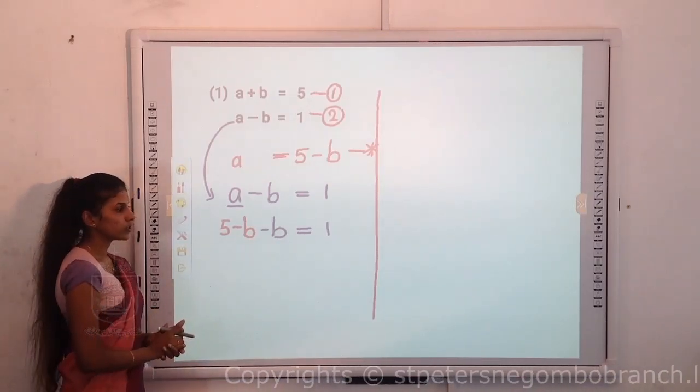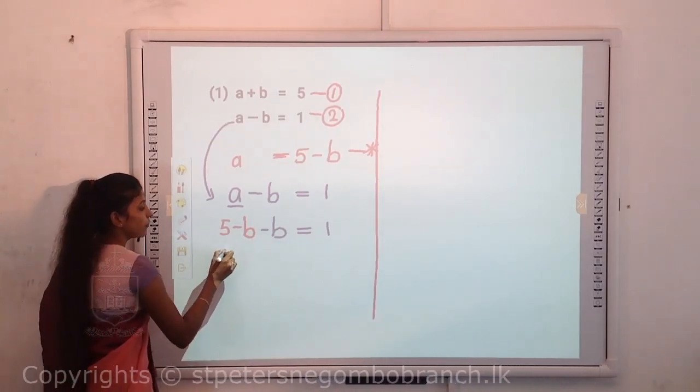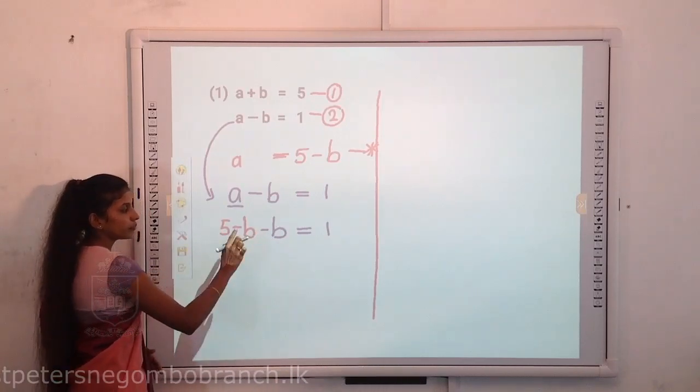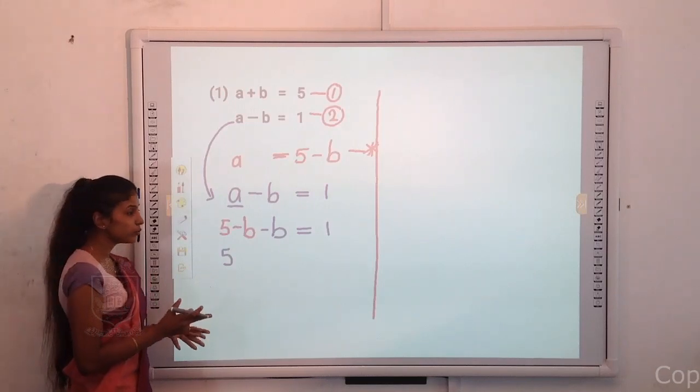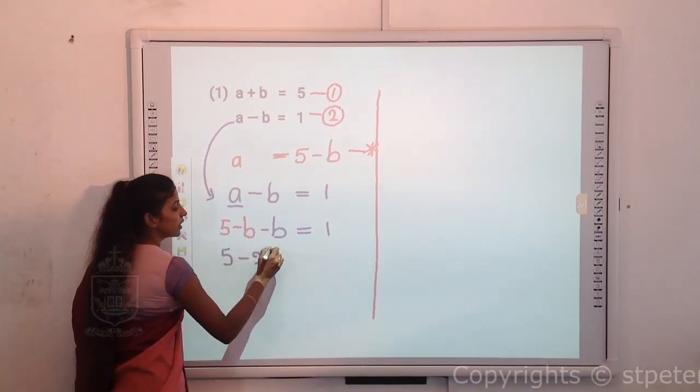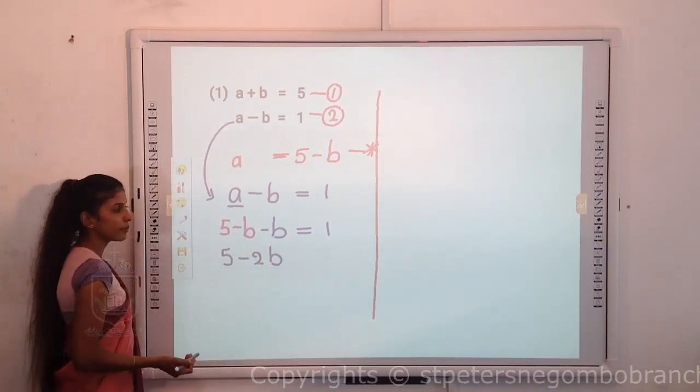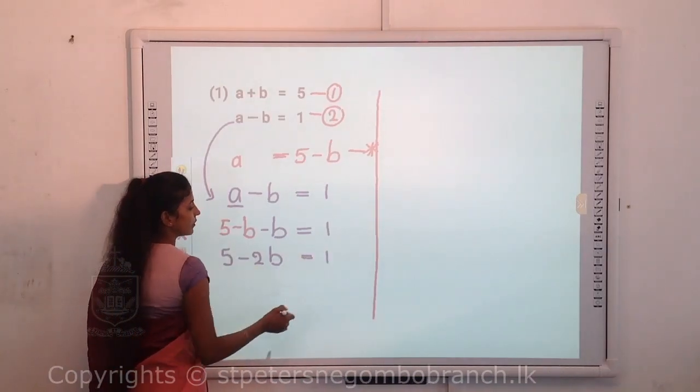What's our next step? This is a linear equation, so you have to solve it. Both B terms are minus. If the signs are the same, you have to add and put the common sign. So altogether there are 2B, the common sign is minus, equals 1.